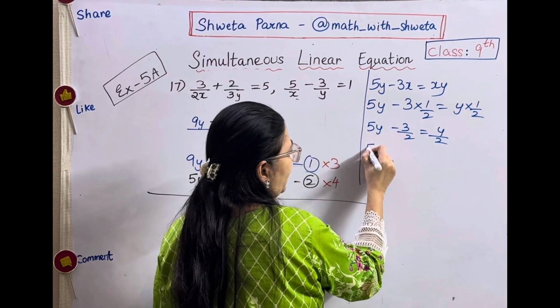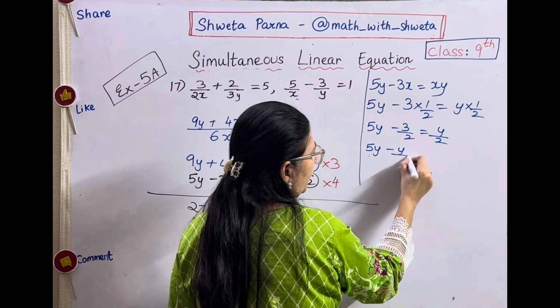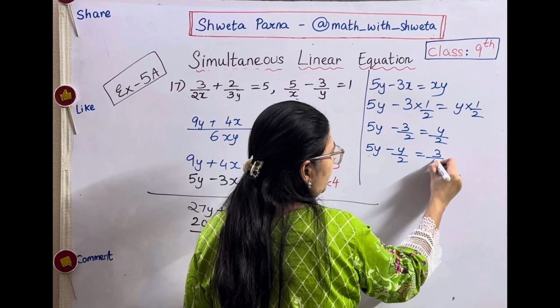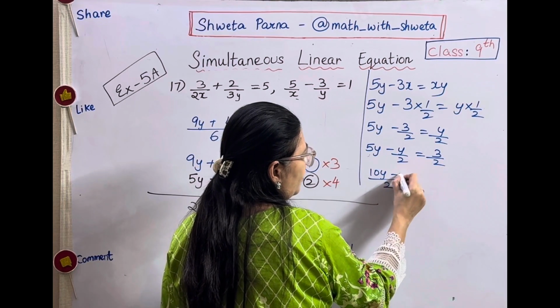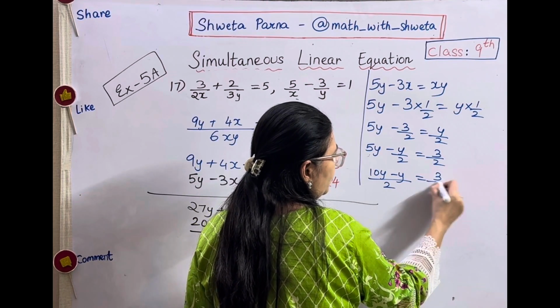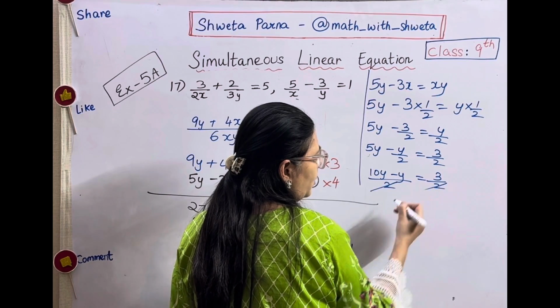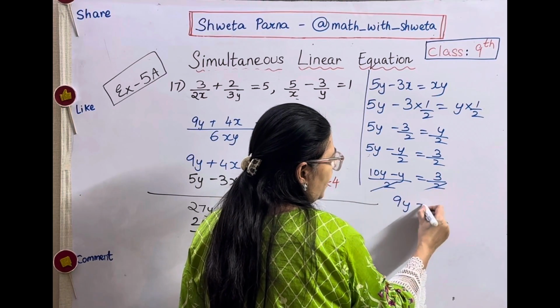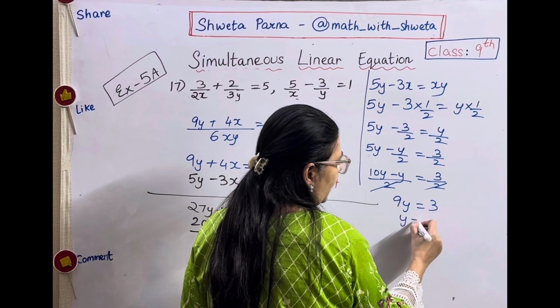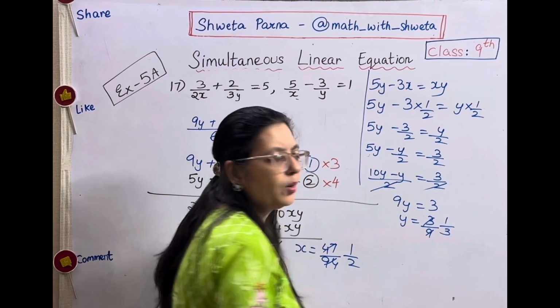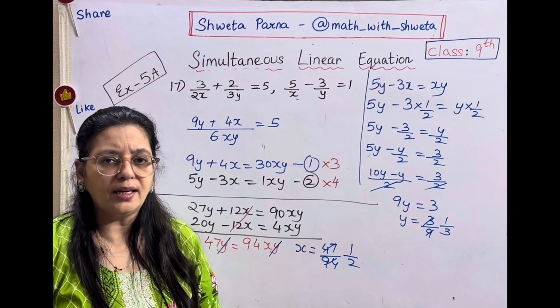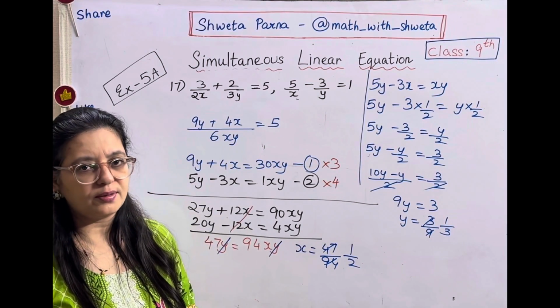Bring y to this side. 5y minus y by 2 is equal to 3 by 2. LCM is 2. So 10y minus y is equal to 3 upon 2. 2 and 2 get cancelled. 9y is equal to 3. So y is equal to 3 upon 9, which is 1 upon 3. I hope it's clear. Let's go to the next question.